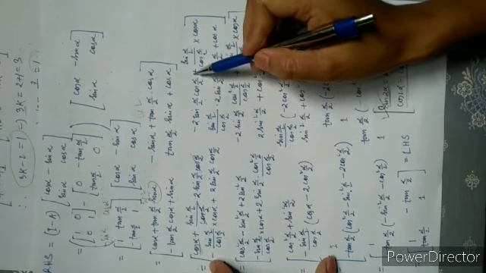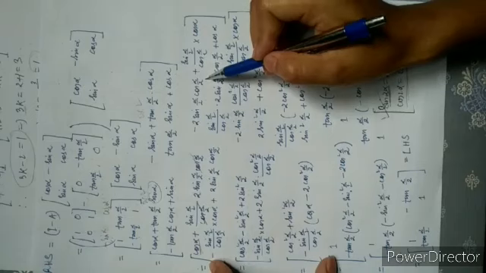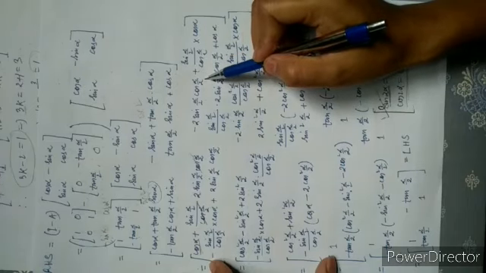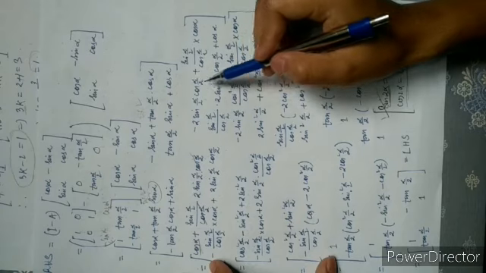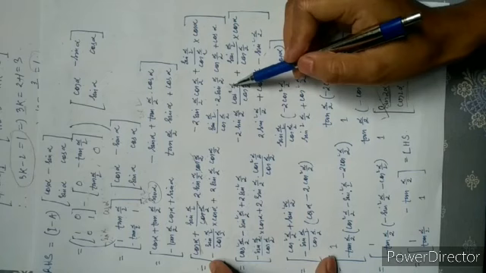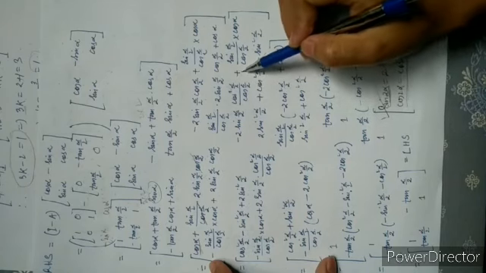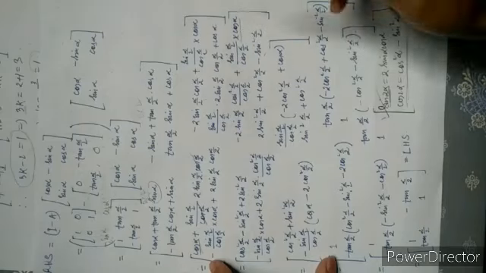Then this cos alpha: for the first term, multiply numerator and denominator by cos alpha by 2, and we get cos square alpha by 2 divided by cos alpha by 2, plus sin alpha by 2 over cos alpha by 2.